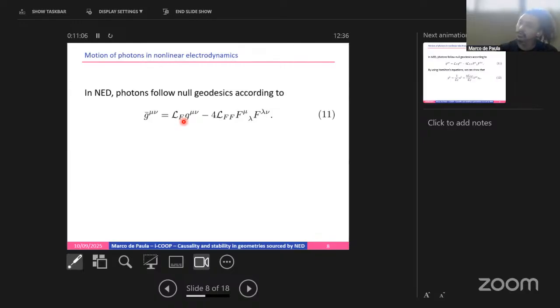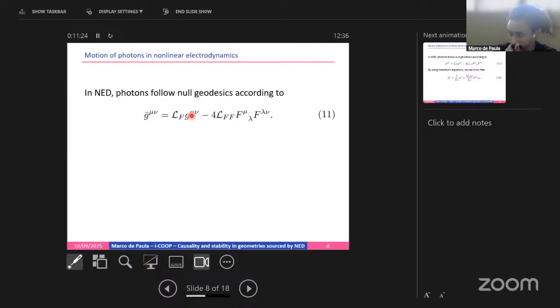But massless particles with nature other than electromagnetic will follow null geodesics according to G mu.